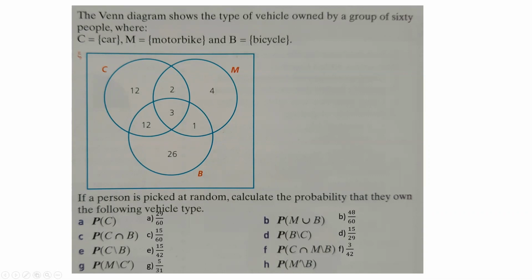Okay. And then the last one will be M complement given B. So we focus on B and then we don't want M, right? If you focus on B and don't want M, that means you have these 2 here. Inside B, which ones do not belong to M? So you have these 2. So you have 38, because 26 plus 12, you get 38 out of the total here, 42.